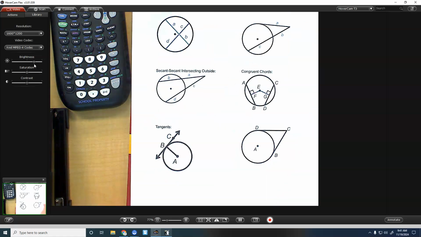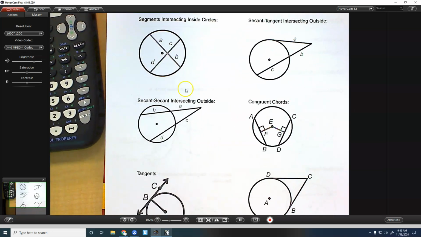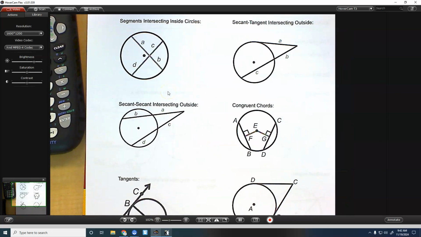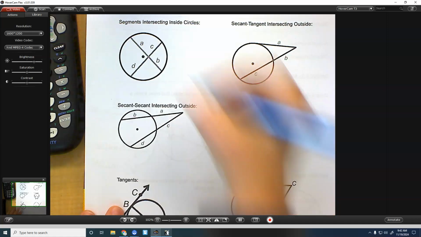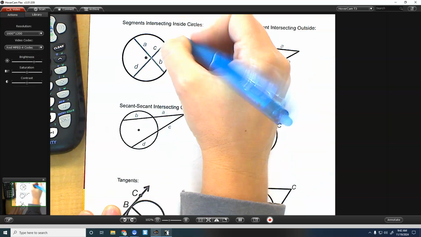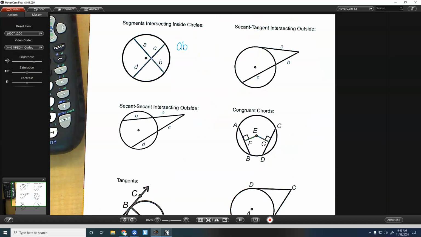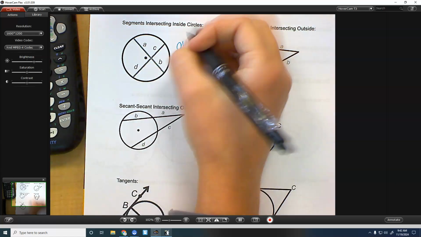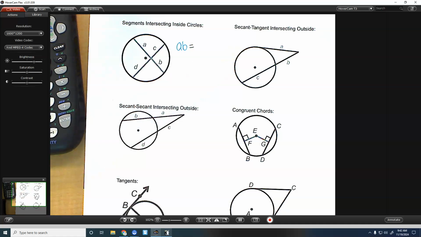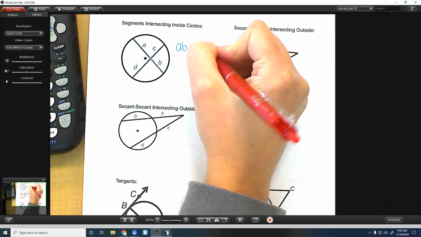Here, these are the ones we've looked at today. So, for the first one, if we've got A, B right here, it's going to be A times B equals C times D.